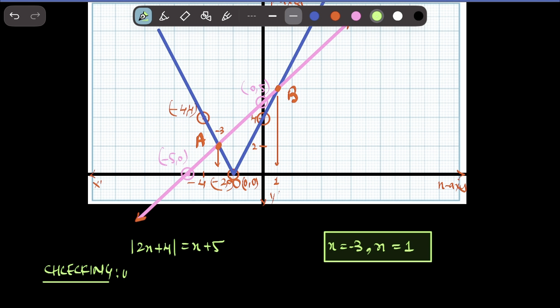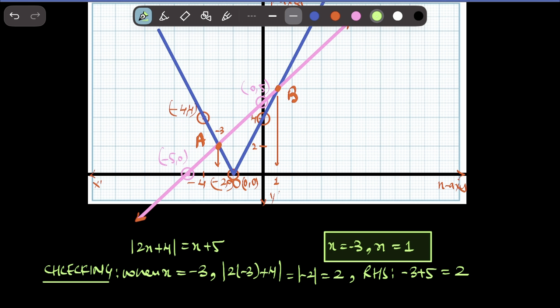I will say when x is equals to -3, the left hand side becomes 2 times -3 plus 4 gives you -6 plus 4, that is -2, that gives you 2. And on the right hand side, if I put x is equals to -3, -3 plus 5, I will be getting 2 again. So yes, first part is the solution, right?